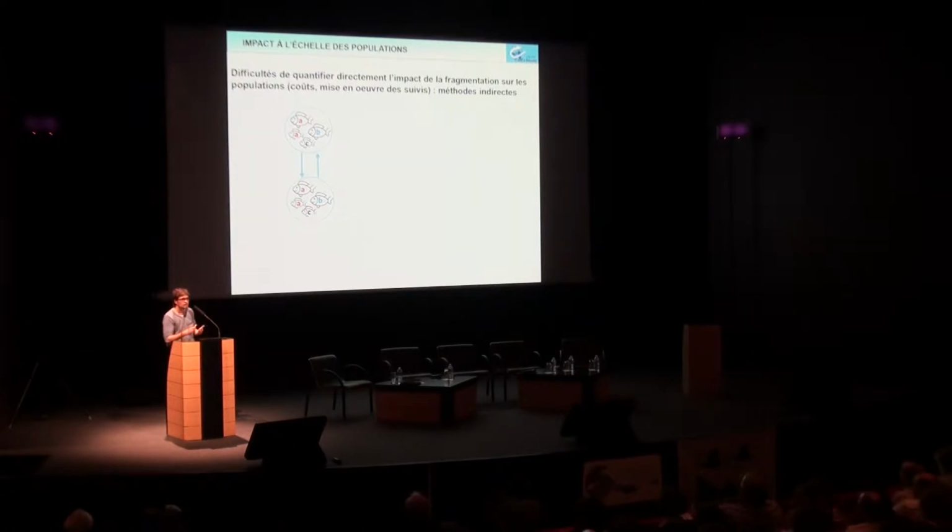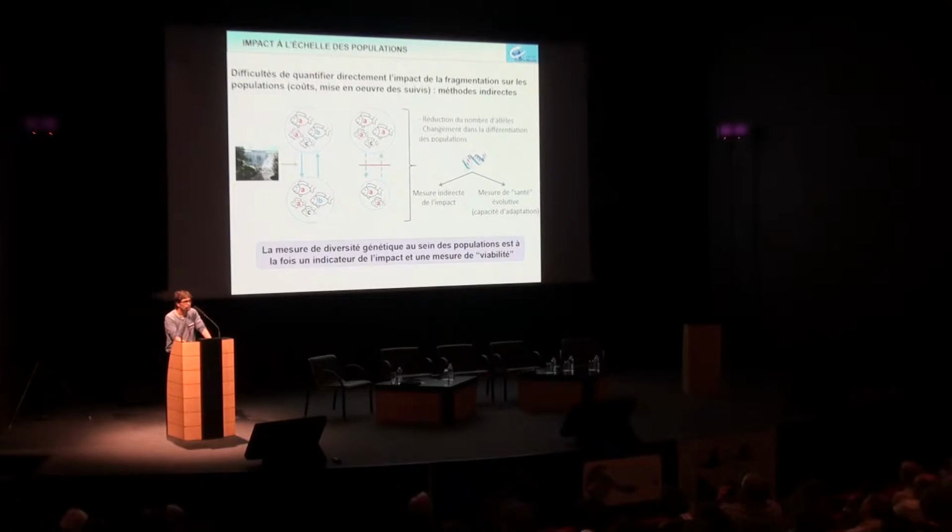When fish go from one habitat to another, they transport these genes and alleles, so we should find the same alleles in the different habitats. When we have a fragmentation, it is the same principle. A reduction of the population size means that we have fewer alleles in the population, and also a break of connectivity.